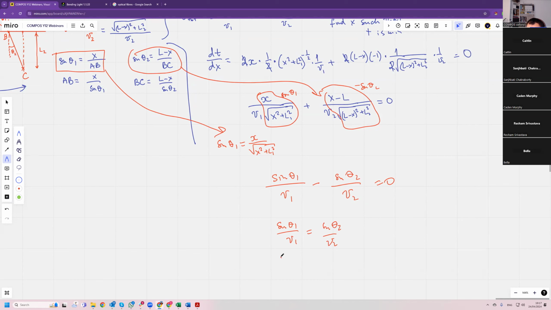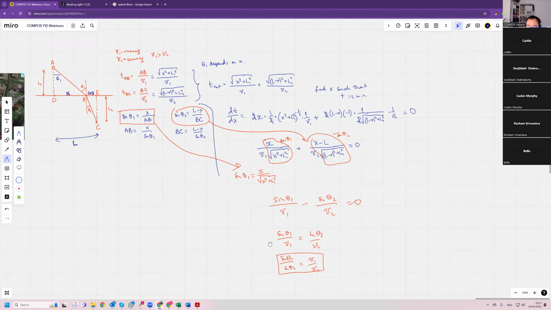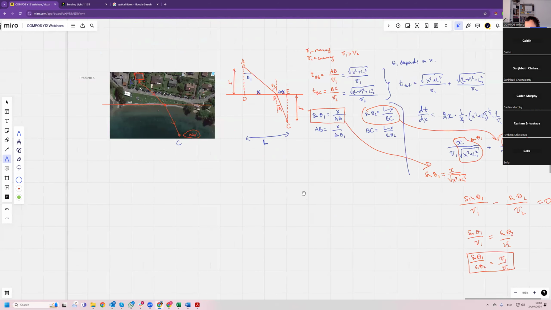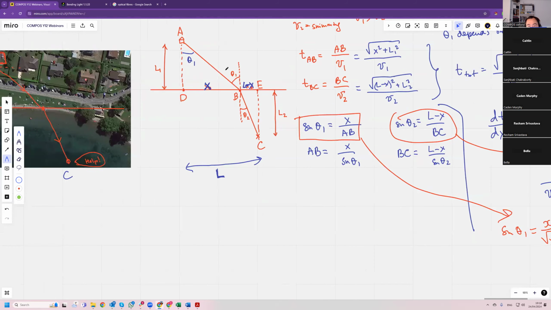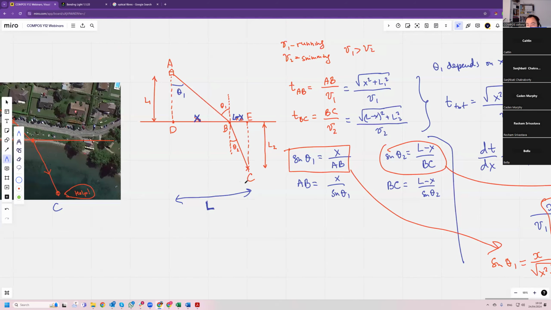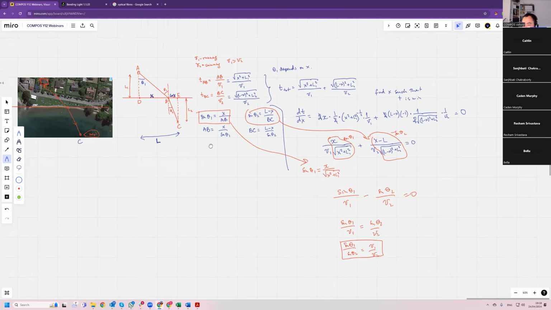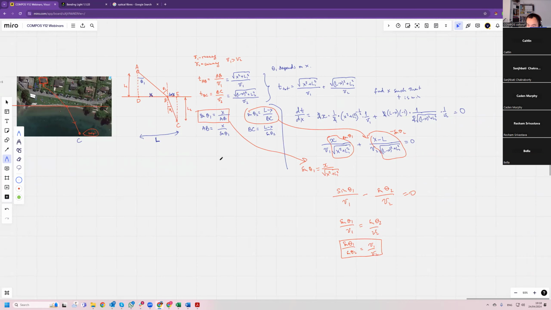And that means that sine theta 1 over sine theta 2 is equal to v1 over v2. Effectively, this is Snell's law. If you want to reach point C as fast as you can, you need to follow Snell's law.